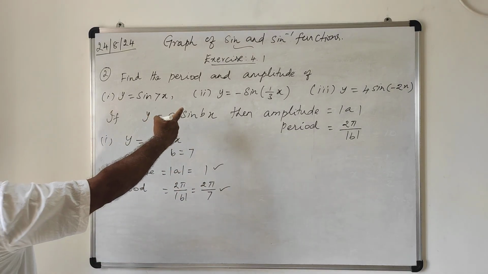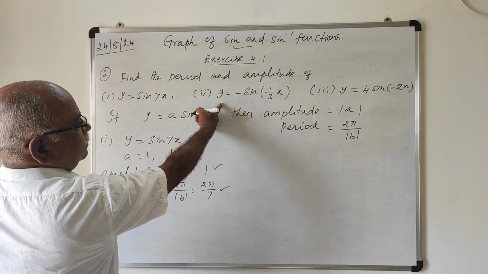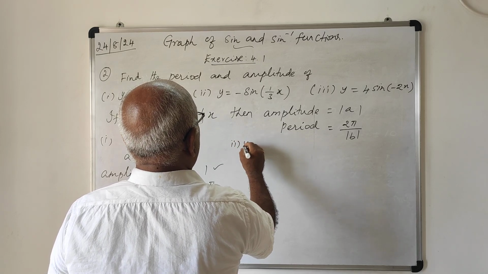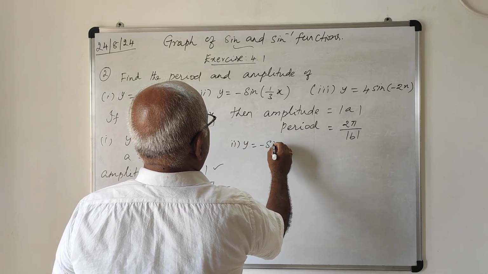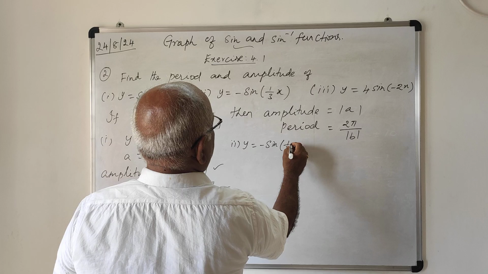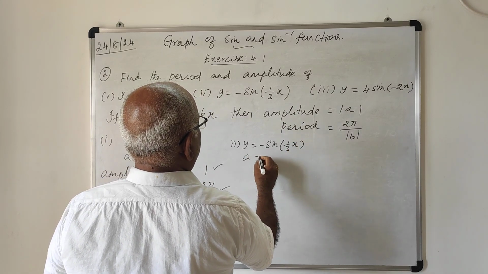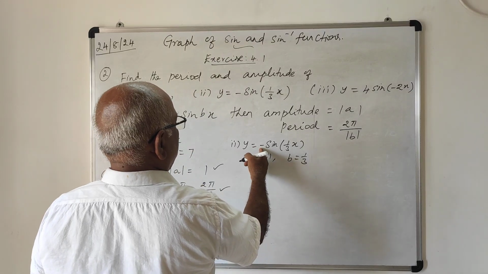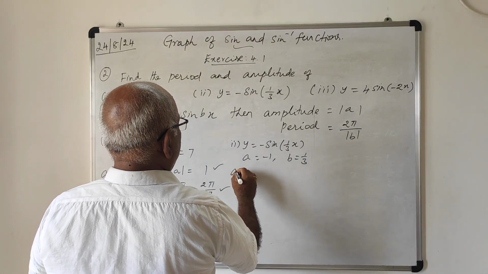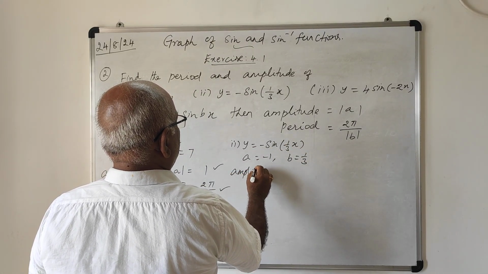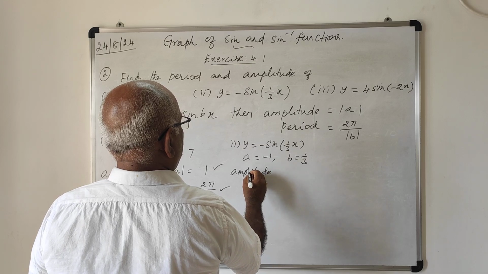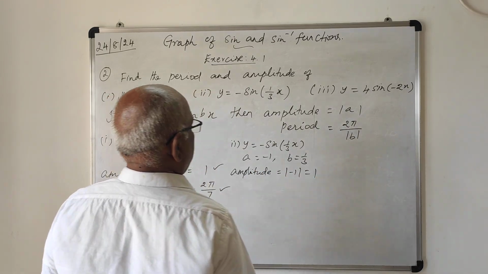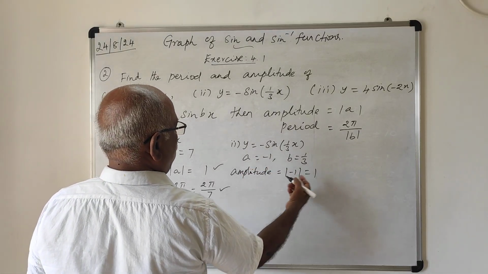Second problem, y equal to minus 1 sin of 1 by 3 x. In this case, a equal to minus 1, b equal to 1 by 3. So amplitude is mod of a, that is mod of minus 1, which is 1.